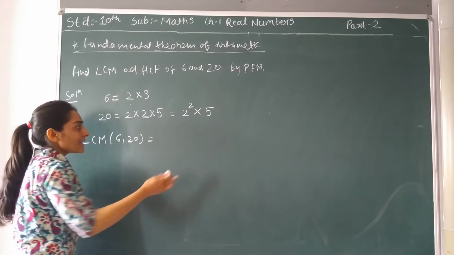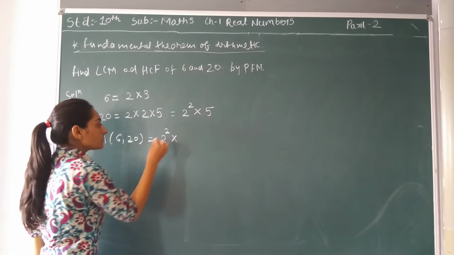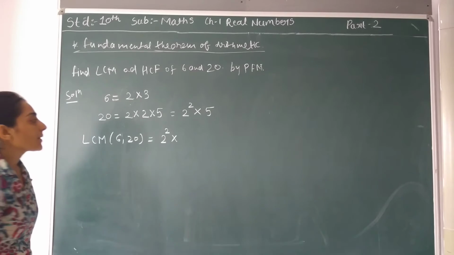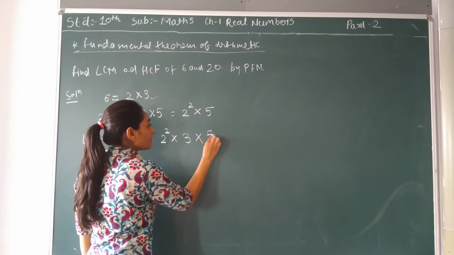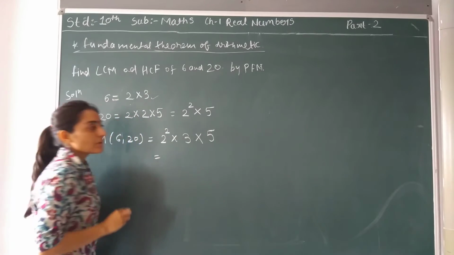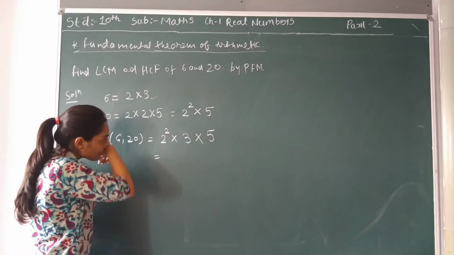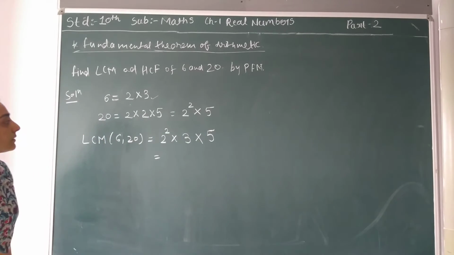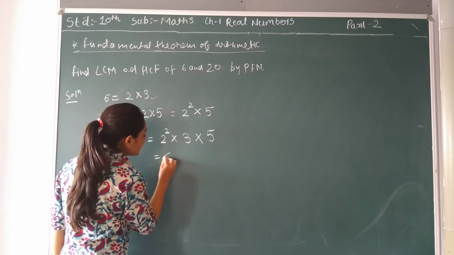So which one is the highest? The one in 20, 2 squared. Then the remaining ones are 3 and 5. And the answer is 60.